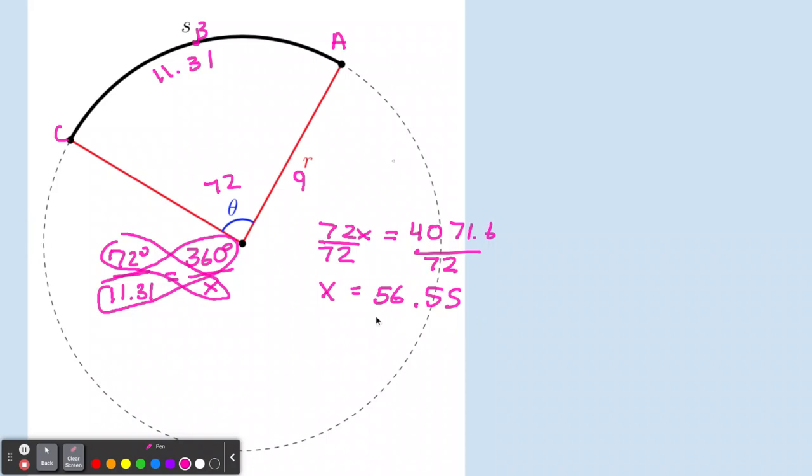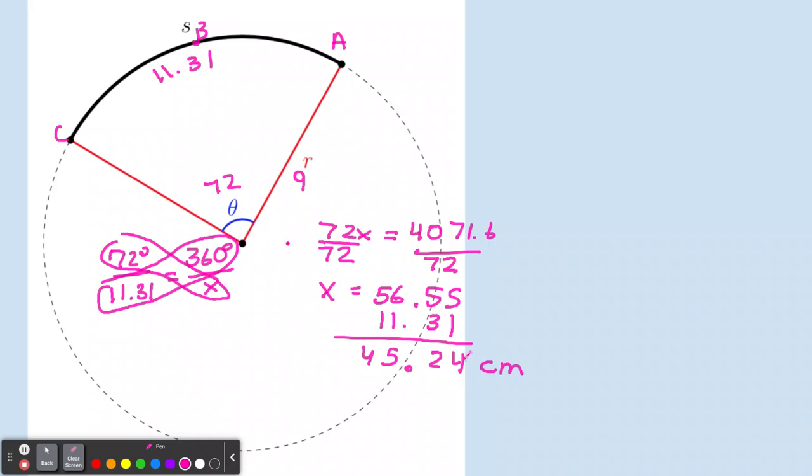So if we subtract 11.31, we can get an idea of what the rest of the circle would be. Just subtract, and there's 45.24 roughly centimeters or inches or whatever we're using.